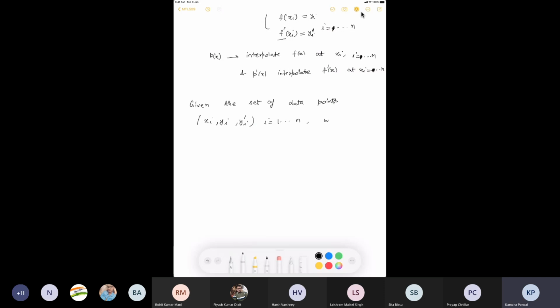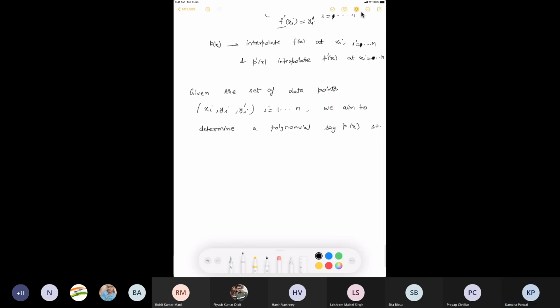We aim to determine a polynomial, let's call that P(x), such that when you evaluate P at any of the xi's, this is going to be yi. And if you take a derivative of P and evaluate at xi, this is going to be yi prime. And this should hold for all i equal to 1 up to n.